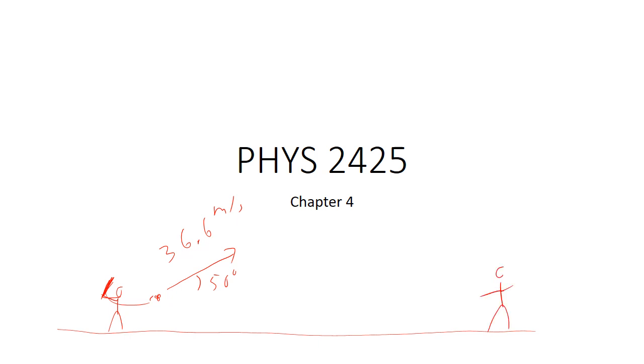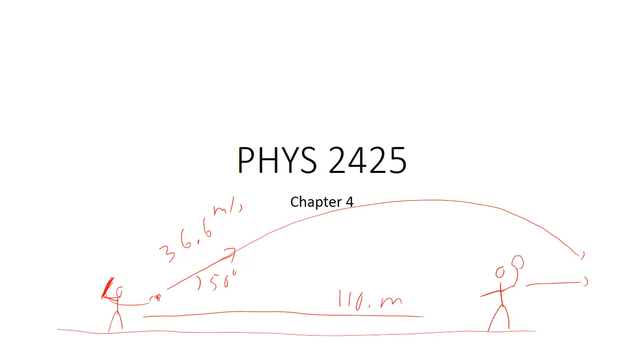At the moment that he hits the ball, there's an outfielder out here, and the fielder is initially a distance of 110 meters away. And the ball is going to go over his head, and he's going to run this way and catch it.